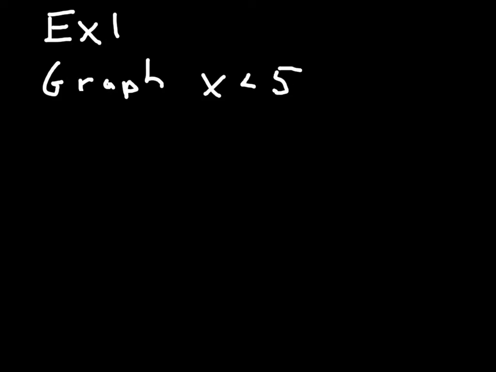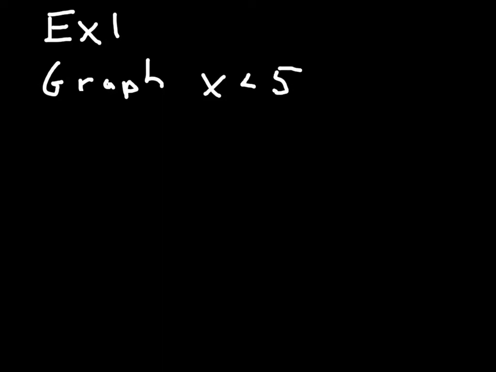It says graph x less than 5. The reason we graph them is that it's much easier. If I asked you to list numbers less than 5, how long would it take you? Hopefully your response is that it would take forever, because there are unlimited numbers less than 5, and listing them would take a lot of paper.